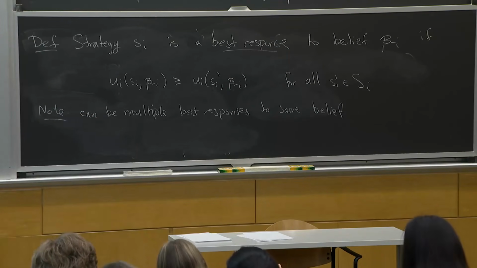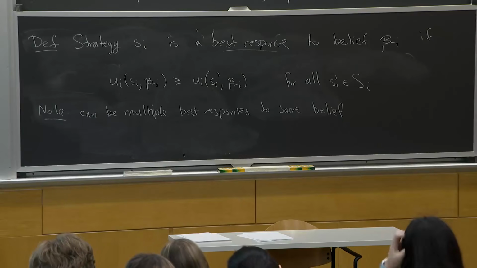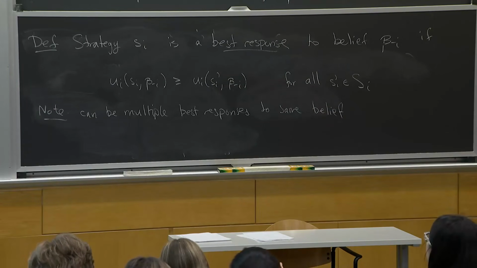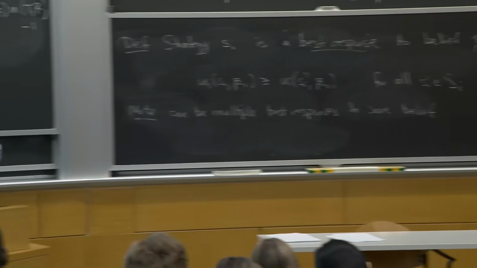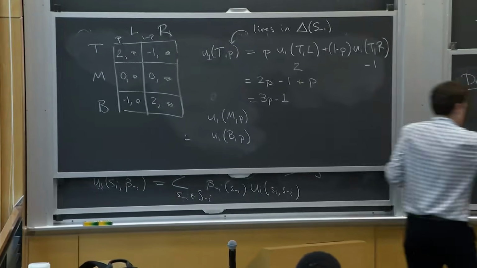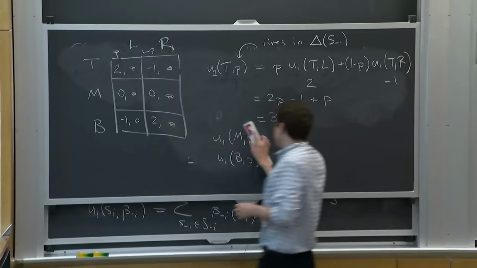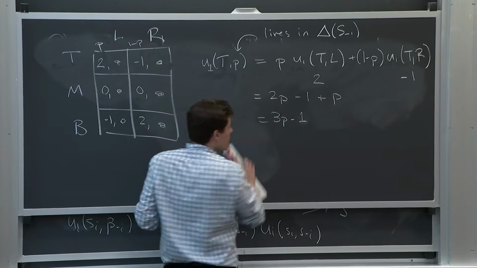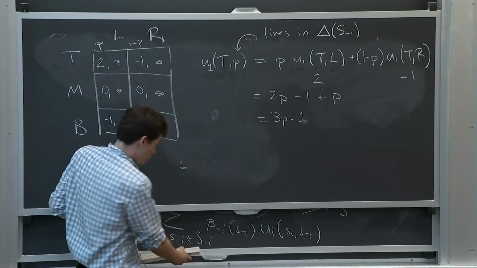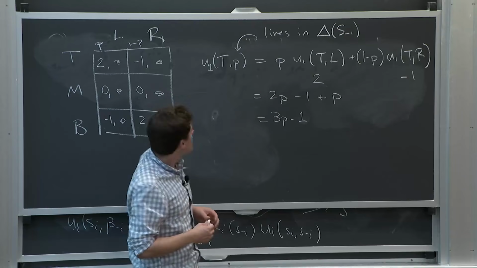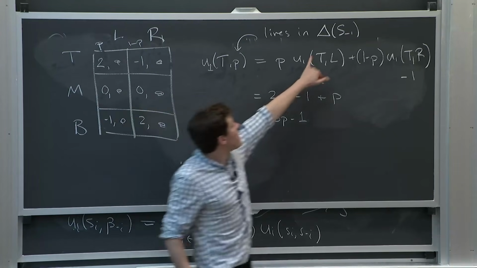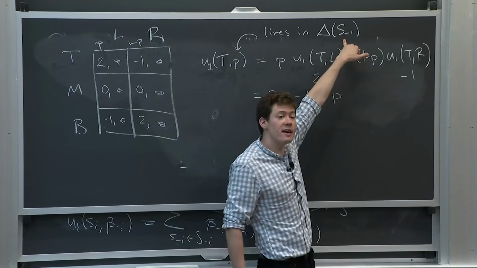OK, let's try to understand this graphically. I think there's space. Maybe let's do this over here. So let me just erase this. Yes, so delta is the space of lotteries over the set.